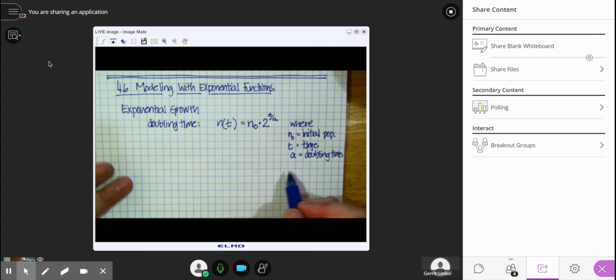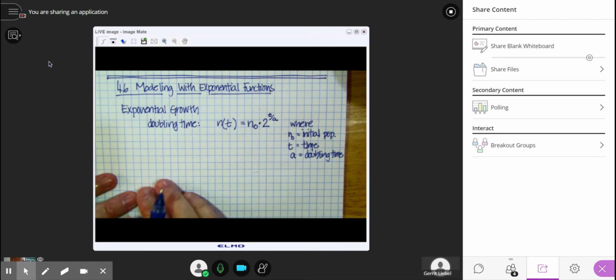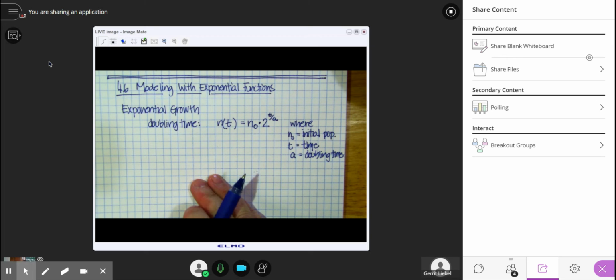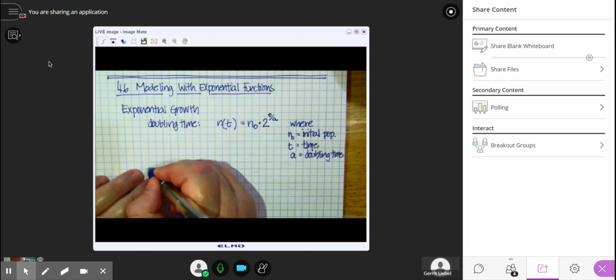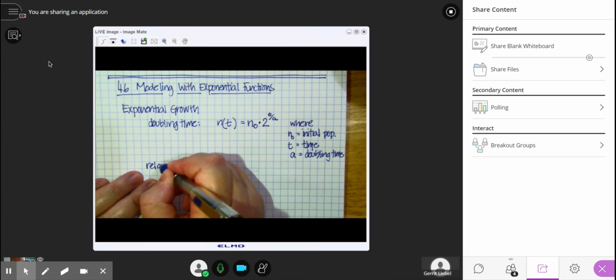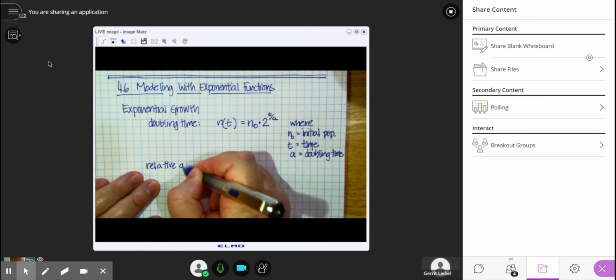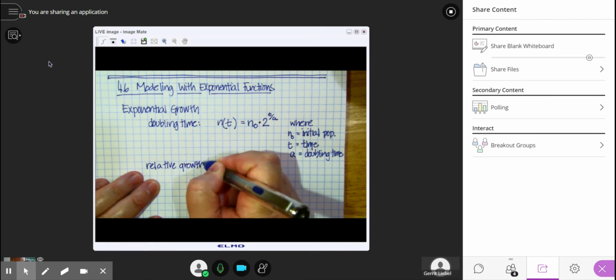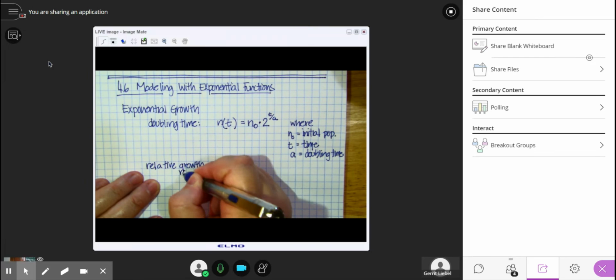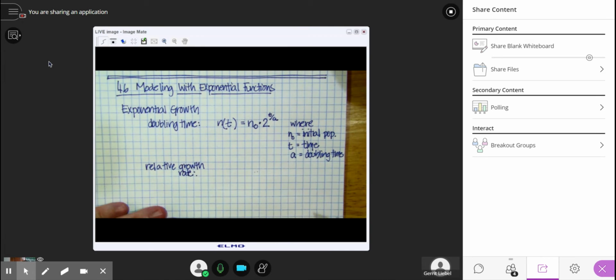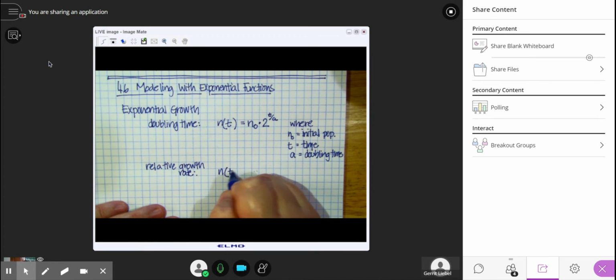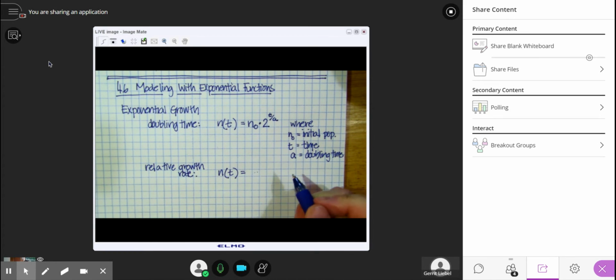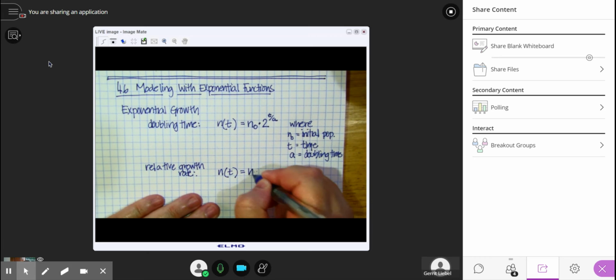There is an alternative formula for when we're not talking about doubling. This is known as the relative growth rate. And it is a slightly different formula. N of t, or the number according to time, is equal to n sub 0.